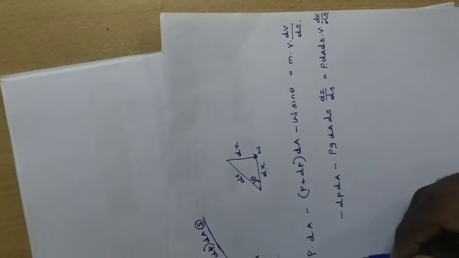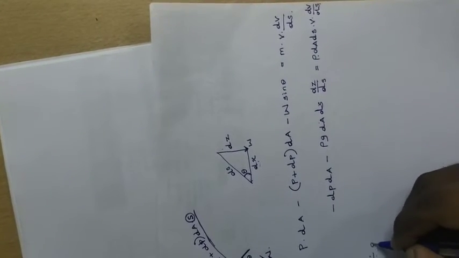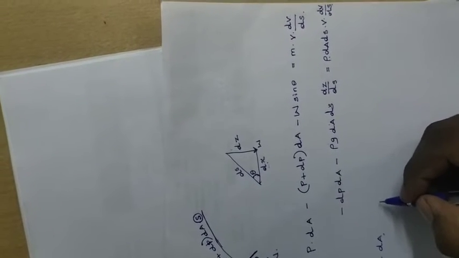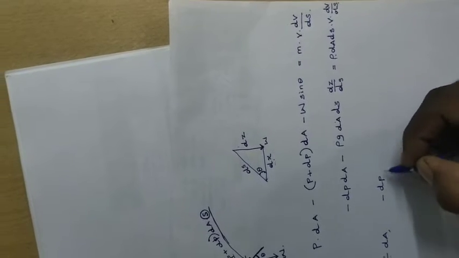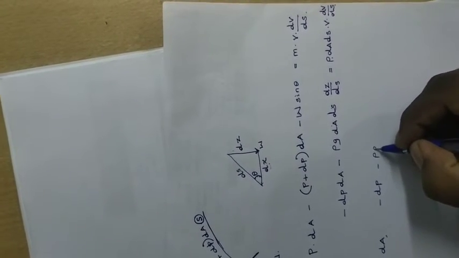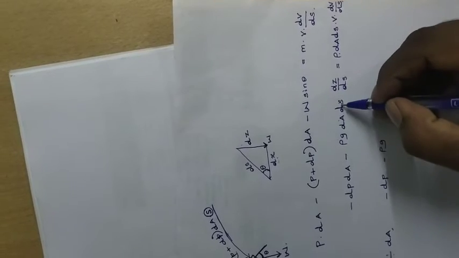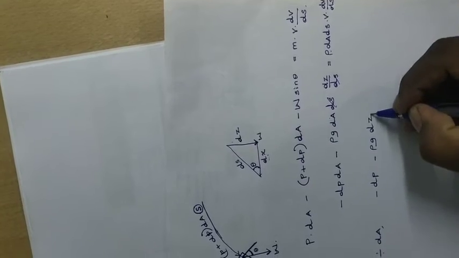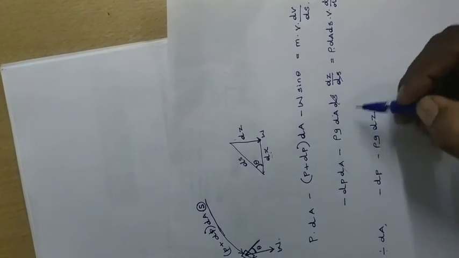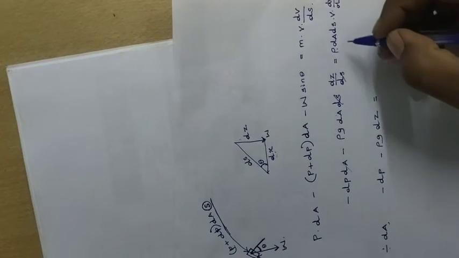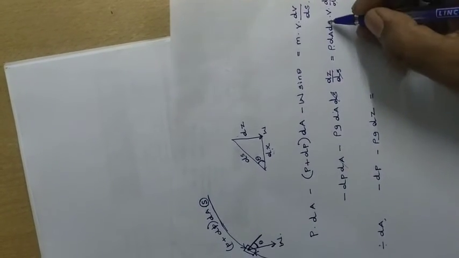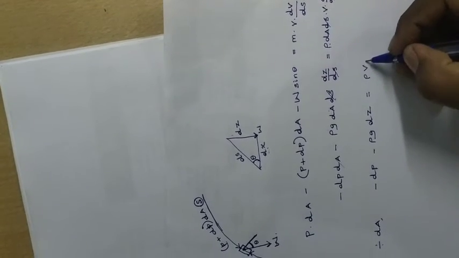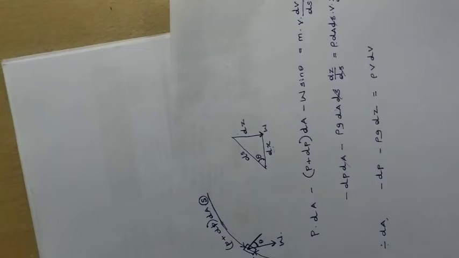Now if you remove dA from the equation, it will become: minus dP minus rho g ds, and ds gets cancelled so you will have only dz, as we are removing dA already. And finally here dz by ds gets cancelled, equals rho v dv, right?